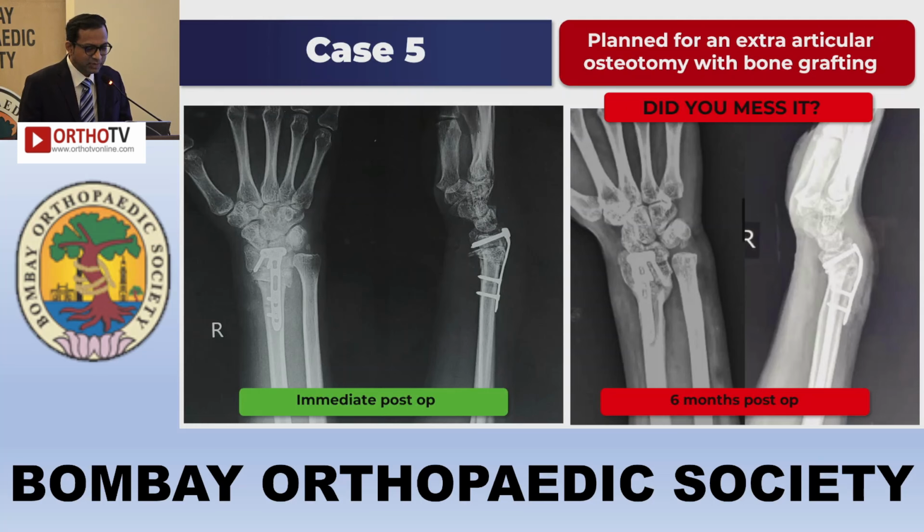This highlights the fact of what Nikita said, that these plates are extremely weak plates. If you use them and you bend them, that is a weak point, and you need to protect it until healing. If you start early mobilization, you can end up with a breakage like this. But does that mean you would still use a dorsal plate for a malunion of the distal radius, or would you rather go volarly if you are fixing it?